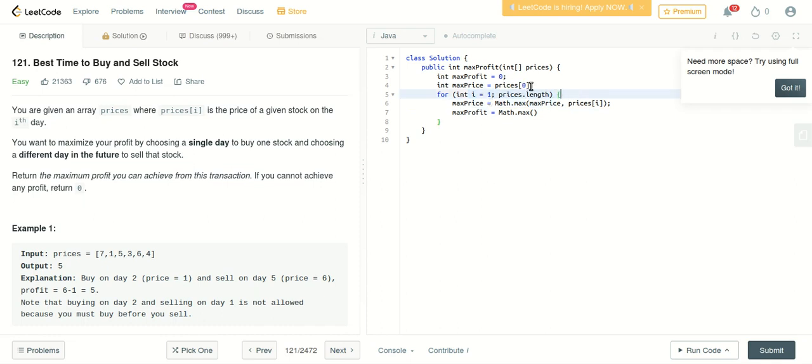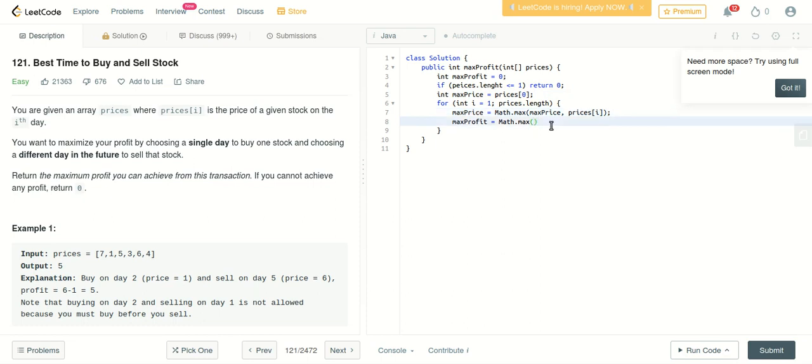But this should not be 1, which means if prices dot length is less than or equal to 1, we would always return 0.